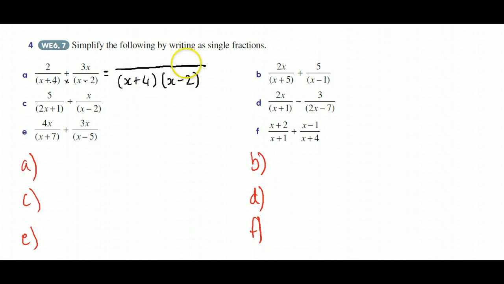And then on top, we're going to have 2 times x minus 2. So 2x minus 2, and then plus 3x times x plus 4. Whoops, that's supposed to be just x plus 4.